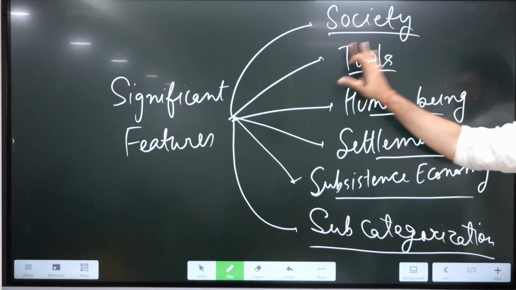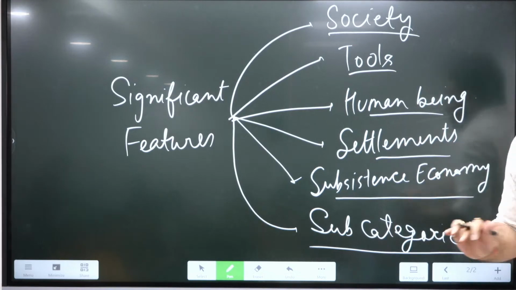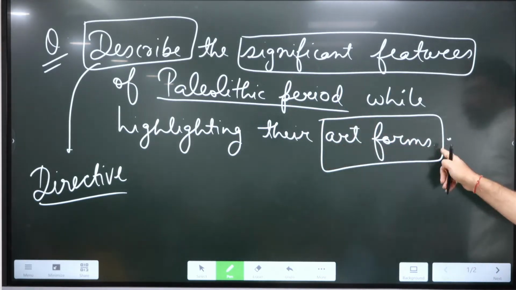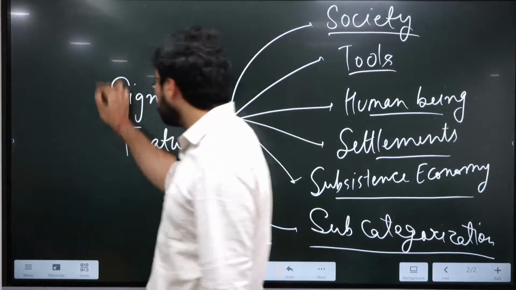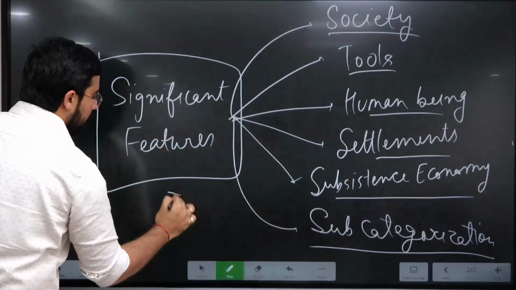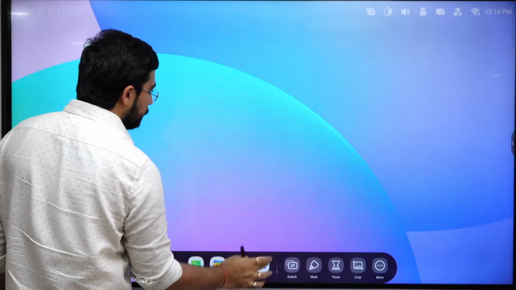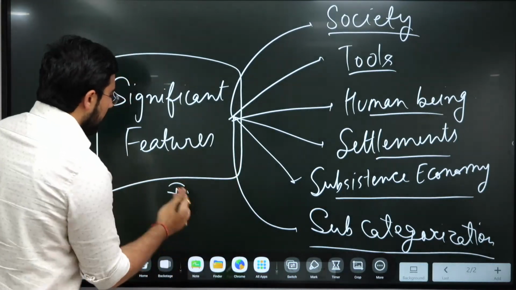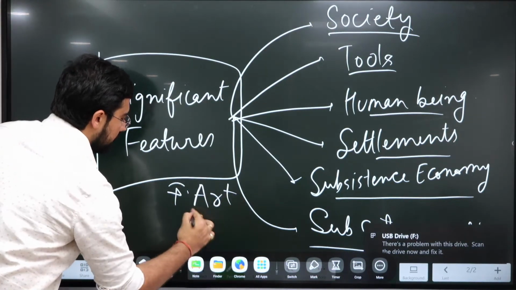So we have just brainstormed and we came up with these various significant features. One feature over which they want specific analysis is your art forms. So in the second part, you will talk about the art forms.